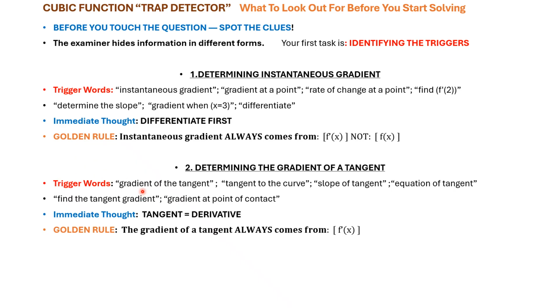So the trigger words are gradient of a tangent, tangent to the curve, slope of a tangent, equation of a tangent, find the tangent gradient, gradient at the point of contact. So again, tangent means find the derivative, and we should know the gradient also comes from the first derivative. I think in 1.1.4's worksheet, I've done some where I showed you how we get the gradient without asking for it. Alright, so let's look at problem number 1.